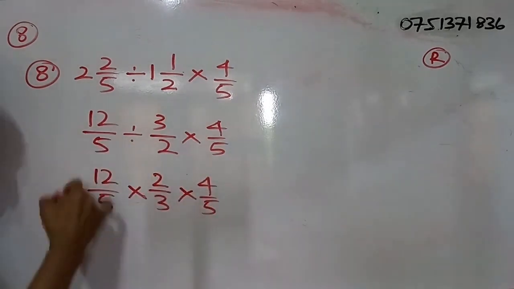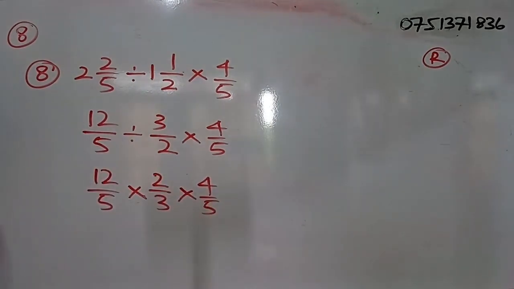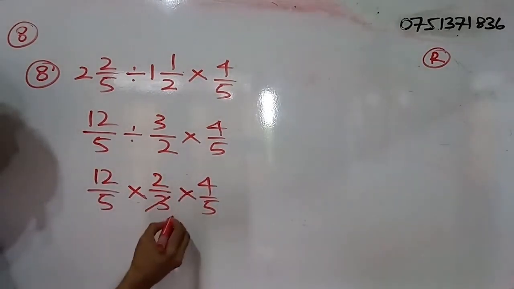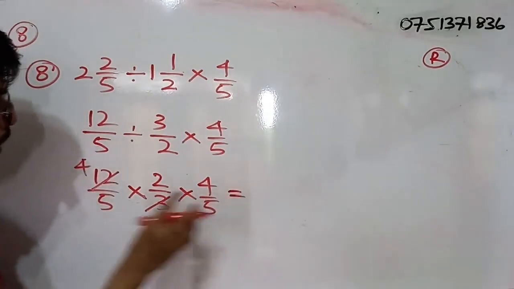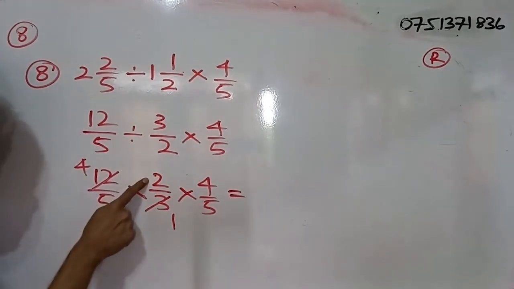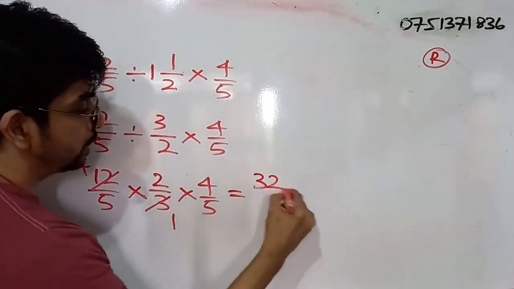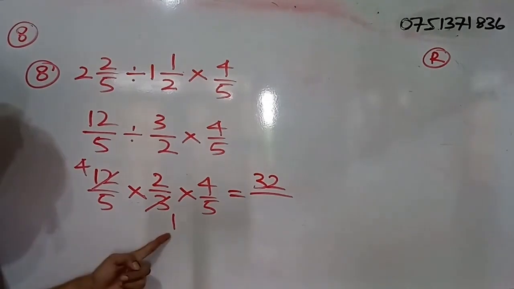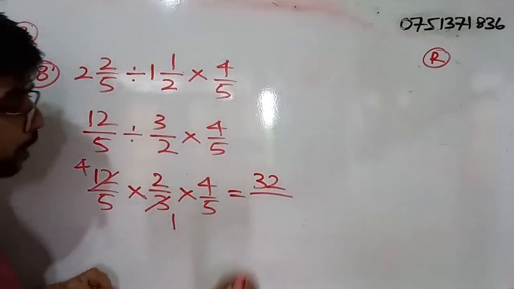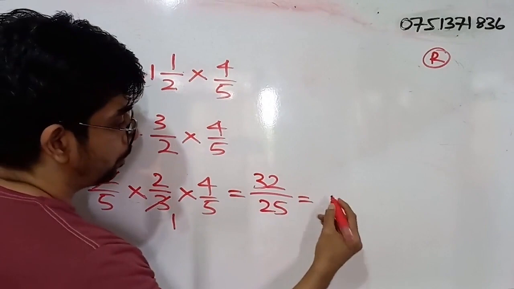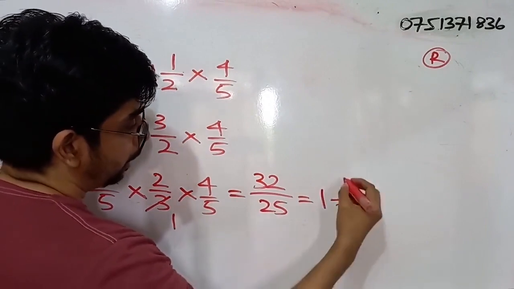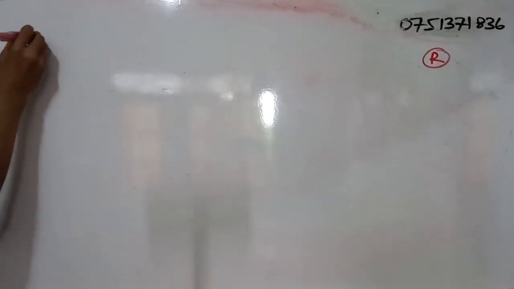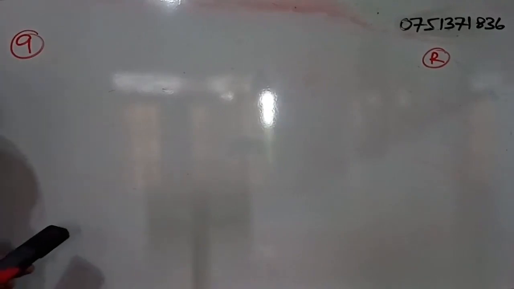Now we can simplify this entire thing. 3 times 1, 3 times 4, so we cannot simplify it anymore. 4 times 2 that is 8, 8 times 4 that is 32. 5 times 1 that is 5, 5 into 5 that is 25. So what will be the answer? 1 and 7 by 25.